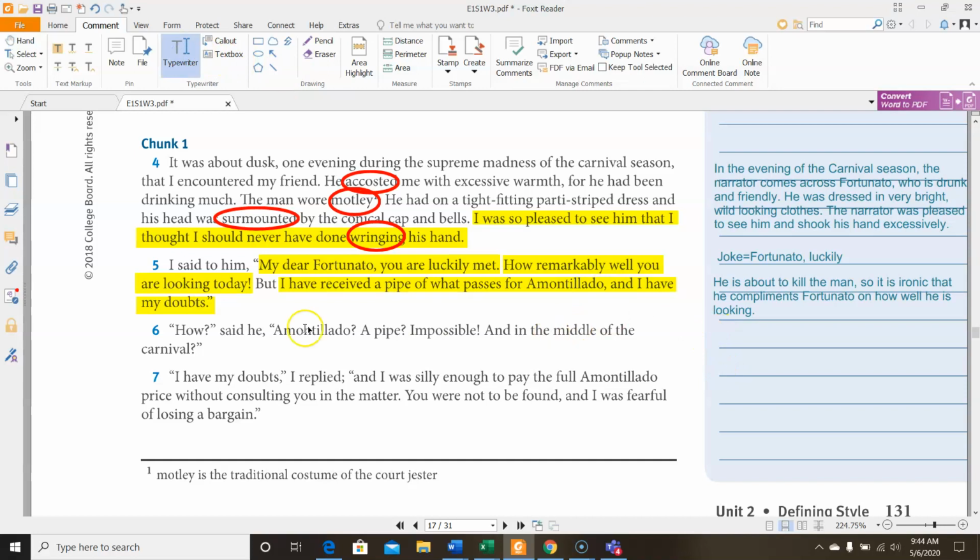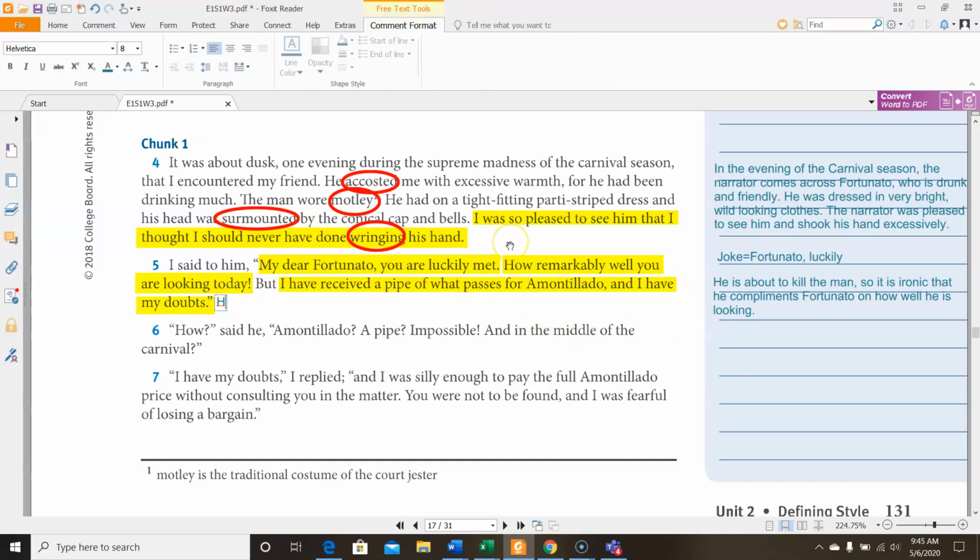So what this paragraph is saying is he greets Fortunato in a friendly way and mentions that he isn't sure whether the Amontillado pipe he received is authentic. So he's saying to Fortunato, look, I have this pipe of Amontillado, but I don't know if it's really Amontillado or not.